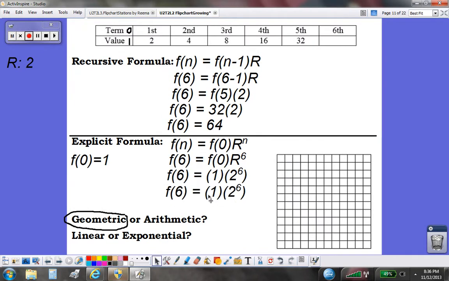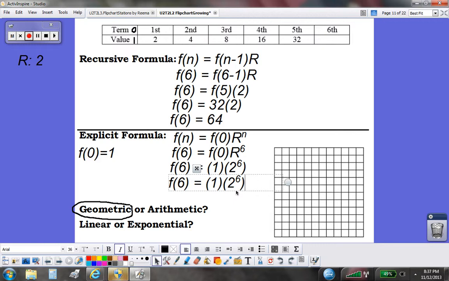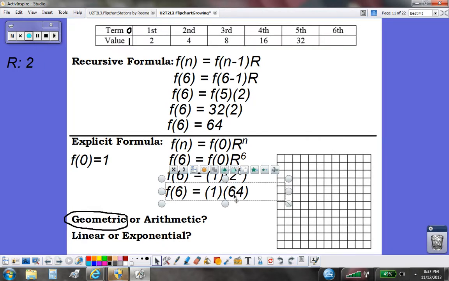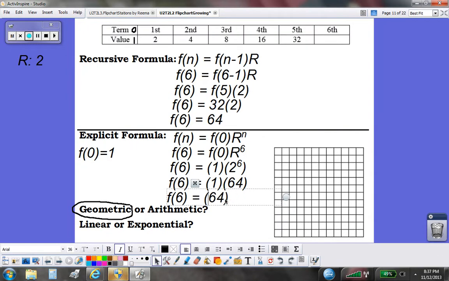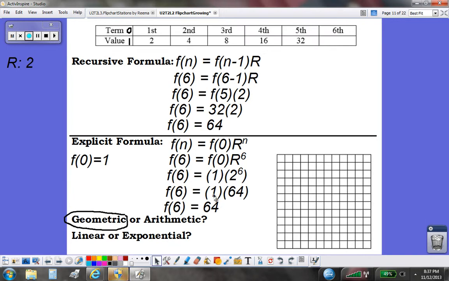So from here, it's just simplifying. 1 times 2 to the 6, so 2 to the 6 will end up being 64. And 64 times 1 is 64, and that's the same answer as at the top. Same answer, just a different way to do this.